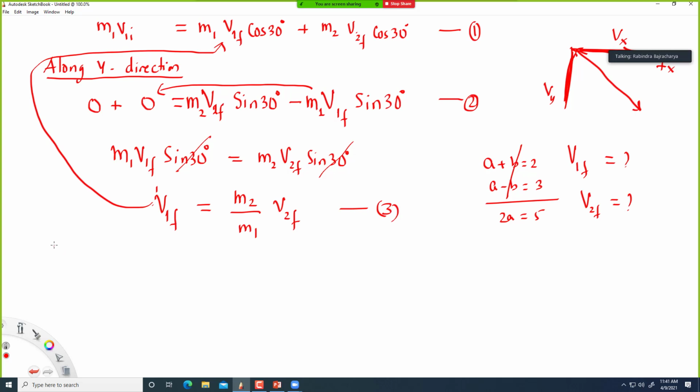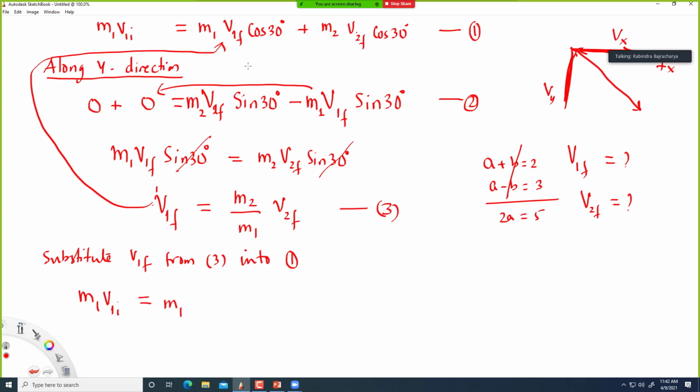So substitute v1f from 3 into 1. So m1 v1i, okay, m1.